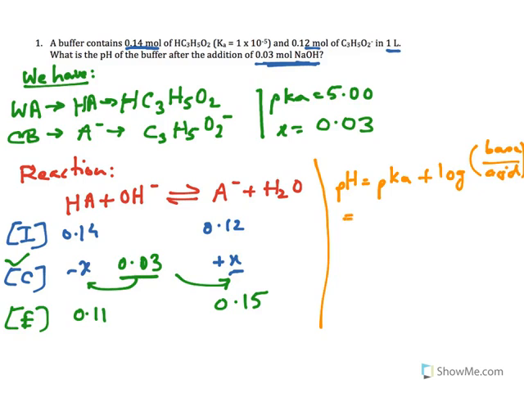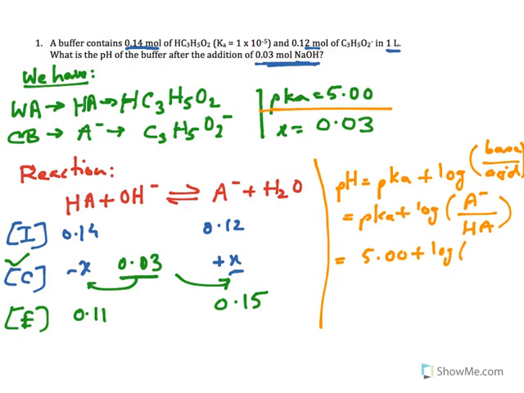We can rewrite this as pKa plus log of A minus over HA, since our base is A minus and our acid is HA. Now our pKa is 5, because we have it here, and for the log, A minus is 0.15, our base, and our acid has a concentration of 0.11.